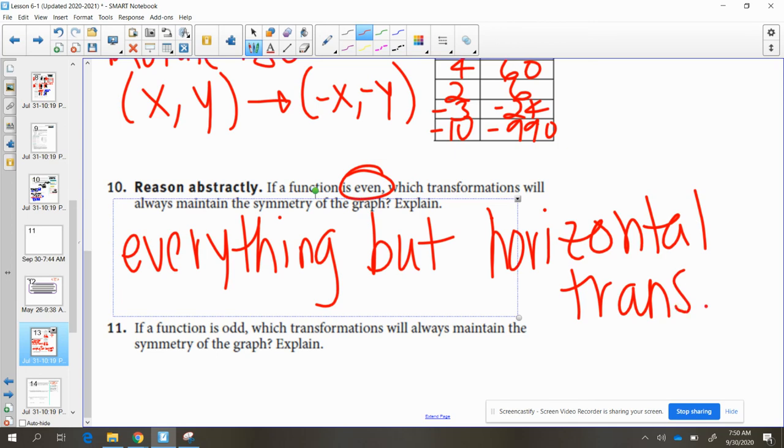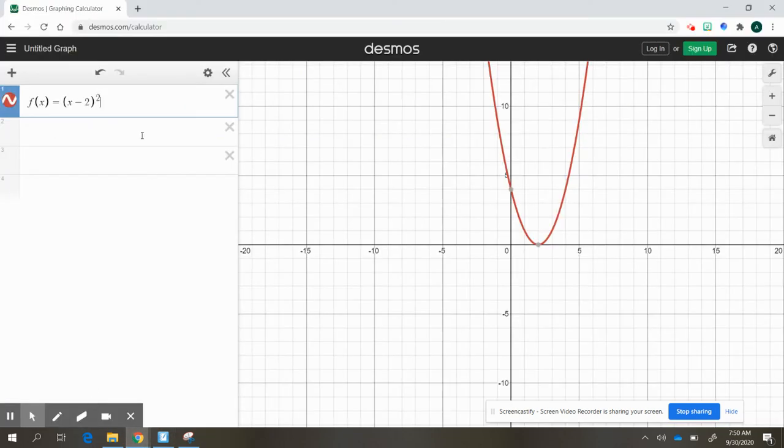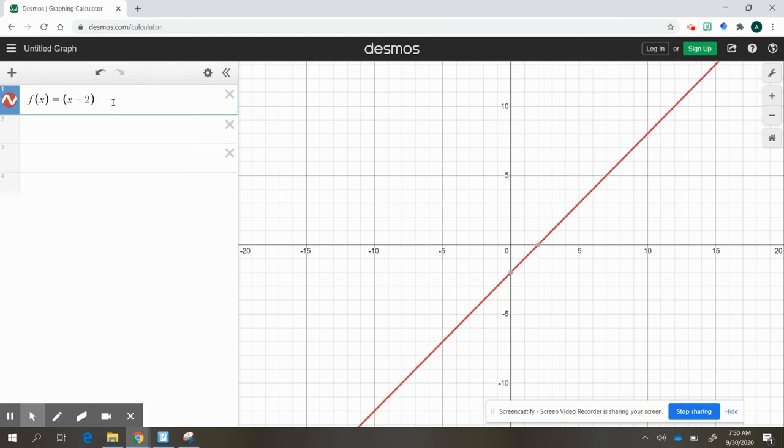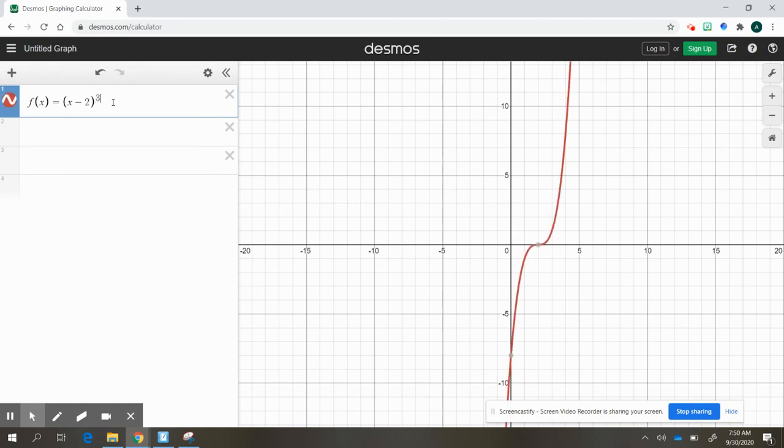The ones for odd functions then, so if we talk about, for instance, x to the third power, this would be an odd function. Normally the parent function would be, well, again, we're not passing through the origin anymore, right? This is not going to be a rotation of 180 degrees anymore. So horizontal translations also will change the symmetry of odd functions. And the other thing you have to be careful for with odd functions is vertical translation.